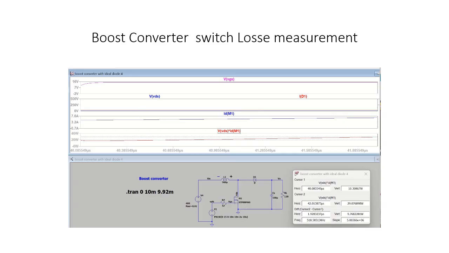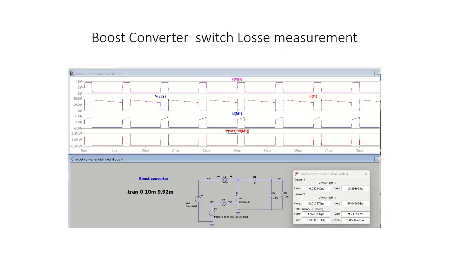Okay. Again, run the simulation. So I would like to show you one more thing. By changing this diode, now I consider an ideal diode. If we use an actual diode, there will be a reverse recovery.